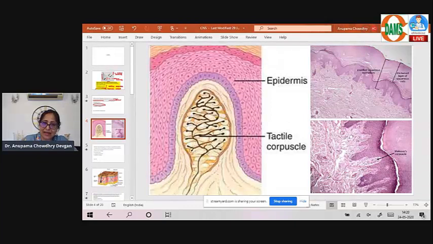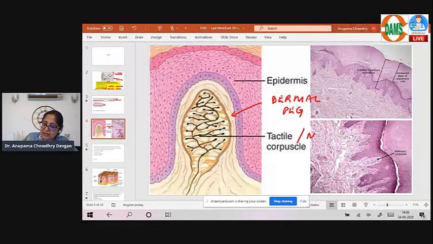What does a dermal peg look like? This is a dermal peg, epidermis. Present within the dermal peg is an elongated encapsulated receptor, also known as the Meissner's corpuscle. In the dermal peg, you've got the tactile receptor, the Meissner's corpuscle.